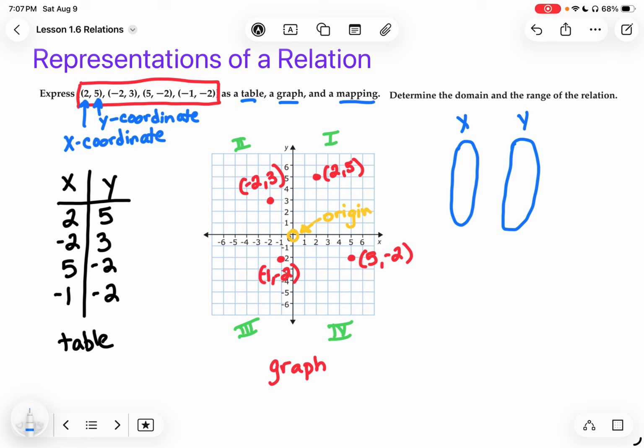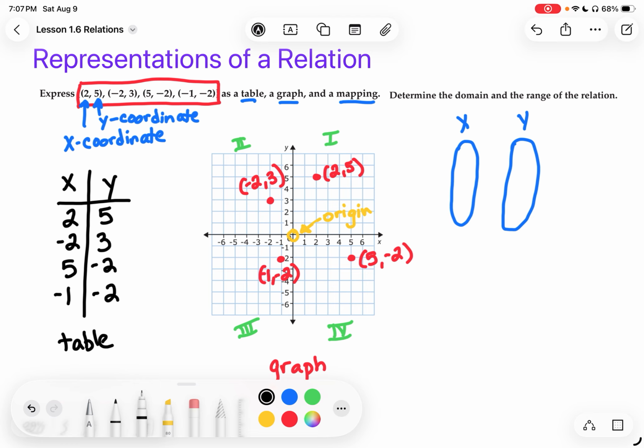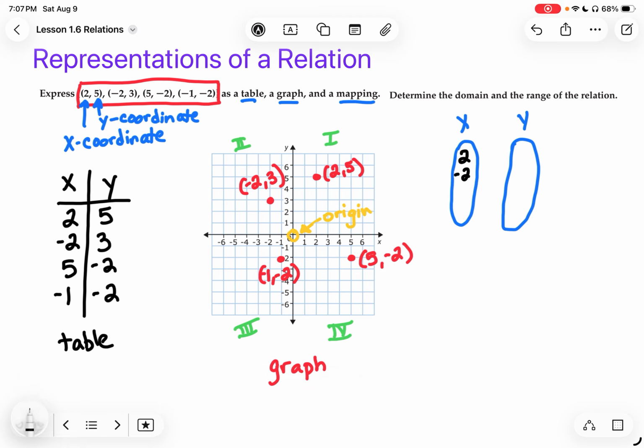And then in the x oval, we're going to put our x values, which were 2, negative 2, 5, and negative 1. And in the y oval, we're going to put our y coordinates, but our y's are only going to have three numbers, 5, 3, and negative 2. And that is because the negative 2 occurs twice, and we only need to write it once in a mapping.